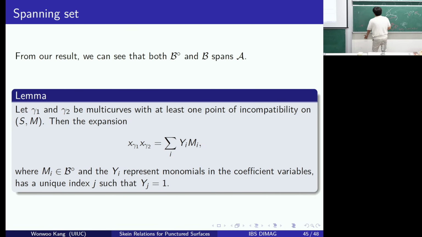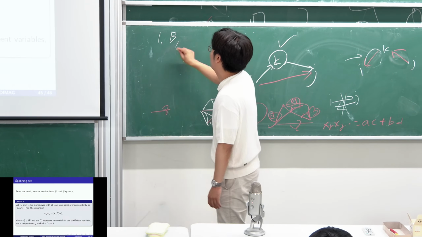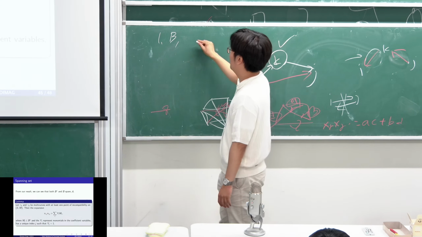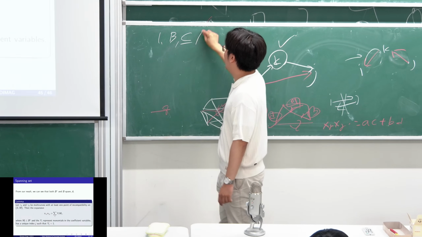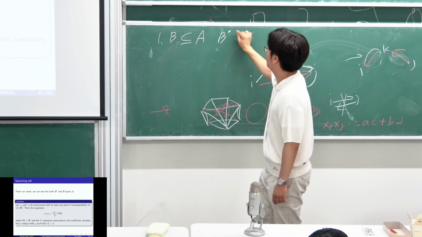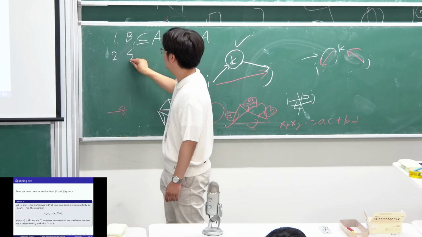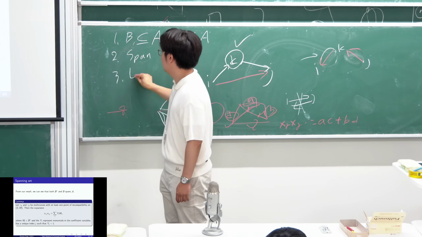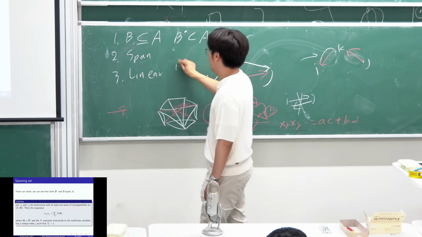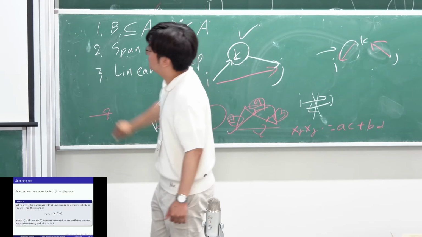But what do we know from linear algebra? We know that if you want to say B or B naught is a basis of the algebra, you have to show, number one, they're subsets. Number two, span. Number three, linear independence. This one is very trivial.